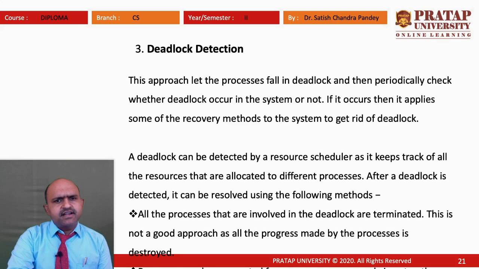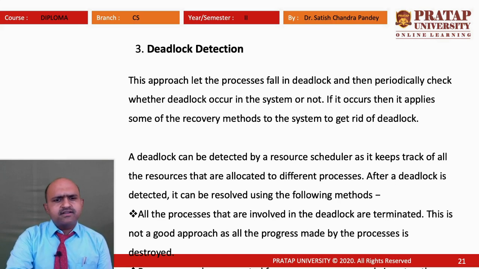Next is deadlock detection. This approach lets the processes fall into deadlock and then periodically checks whether deadlock occurs in the system or not. If it occurs, then it applies some recovery methods to the system to get rid of the deadlock.